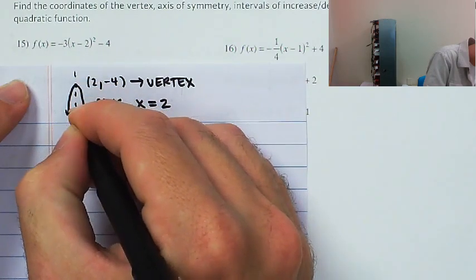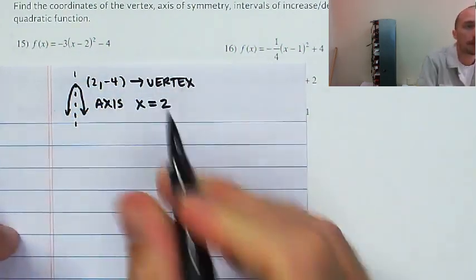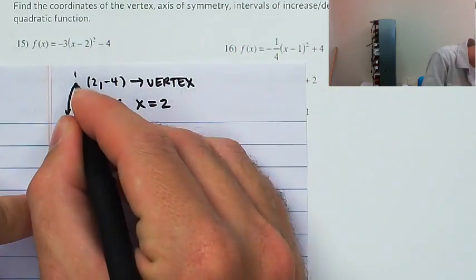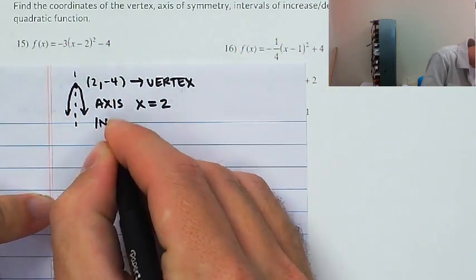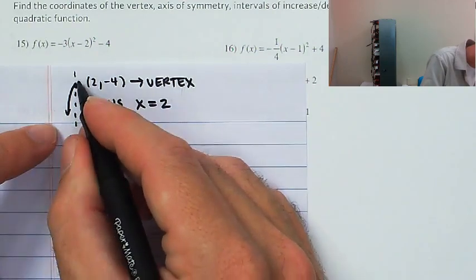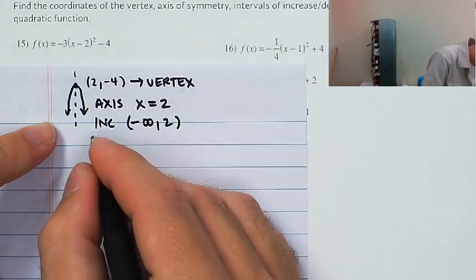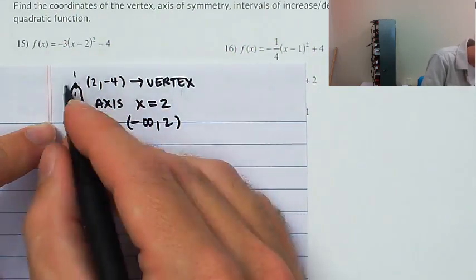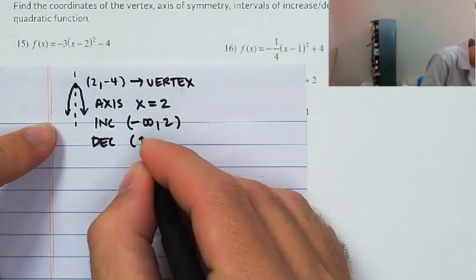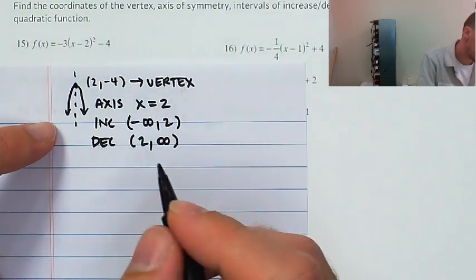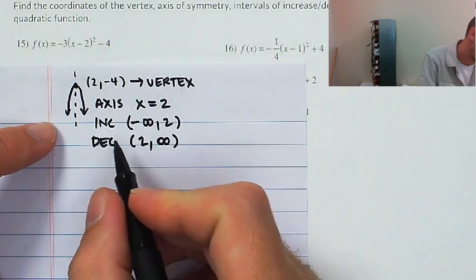It's that. Okay. Intervals of increase and decrease. Increasing from negative infinity up to 2. And it's decreasing from 2 to positive infinity. They're also asking for the maximum and minimum value.